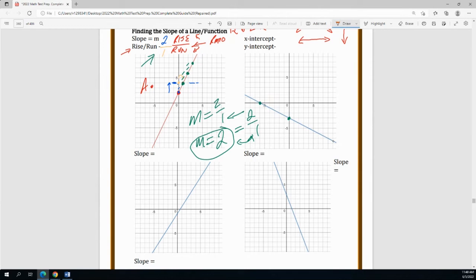So what I'm going to do is count. Now, you'll notice that from this point, let's call it point A, to point B, I don't move up in order to be aligned with it. I actually have to move down, which means I'm going to have a negative number. So let's figure out how much I have to move down to be aligned. I'm going to erase this, give me some room here. You ready?